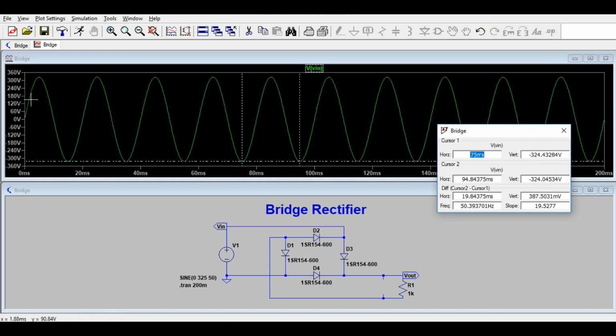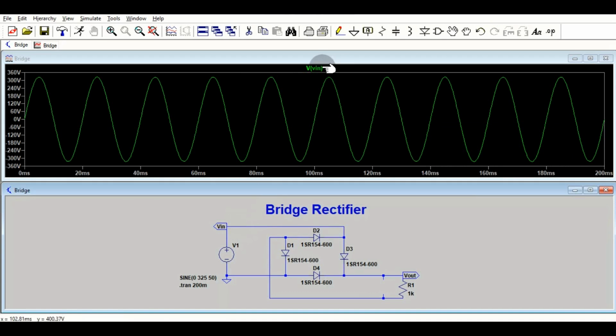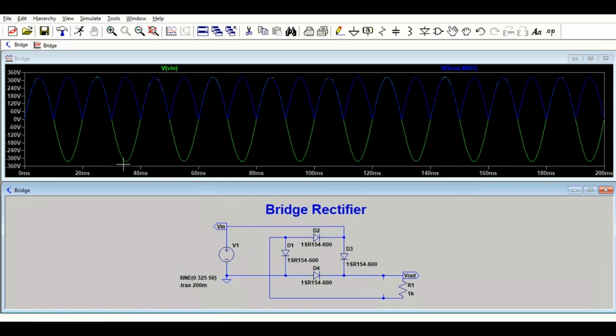So from here to here we have 325 volt peak, and from here to here we have minus 325 volt. That means peak to peak is 650 volt, right? So this is the input voltage, which is called V in. Okay, V in.